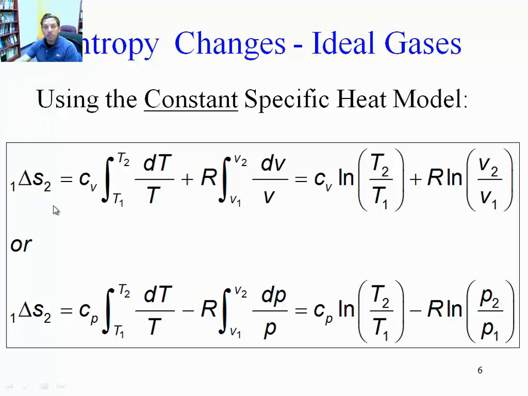And there it is. The change in entropy between state 1 and state 2 according to the TdS equations for ideal gases using the constant specific heat model is Cv times the log of T2 over T1 plus R times the log of V2 over V1.